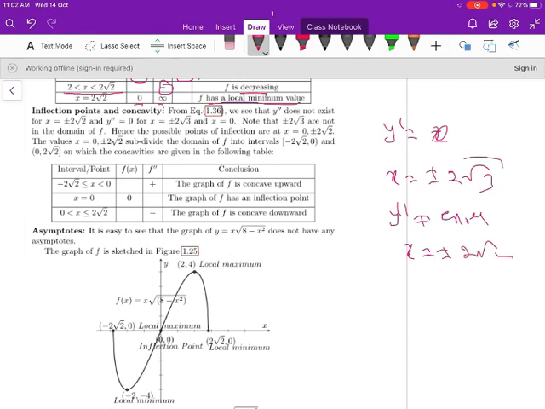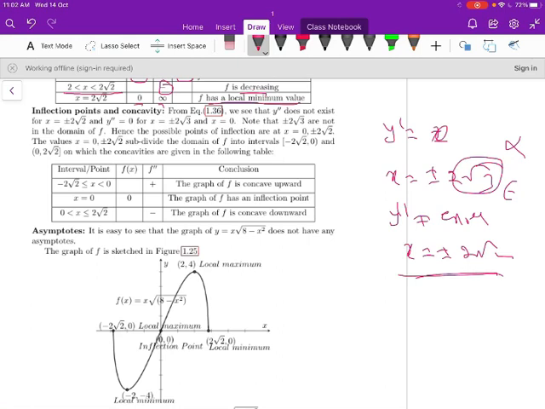But plus or minus 2 root 3 does not belong to the domain of the function f. So just neglect these two values and consider only plus 2 root 2 and minus 2 root 2.